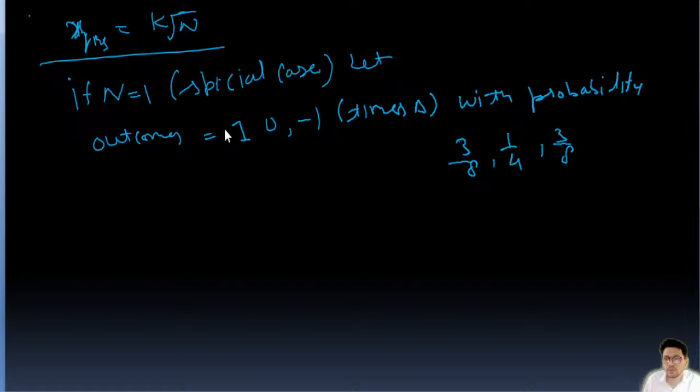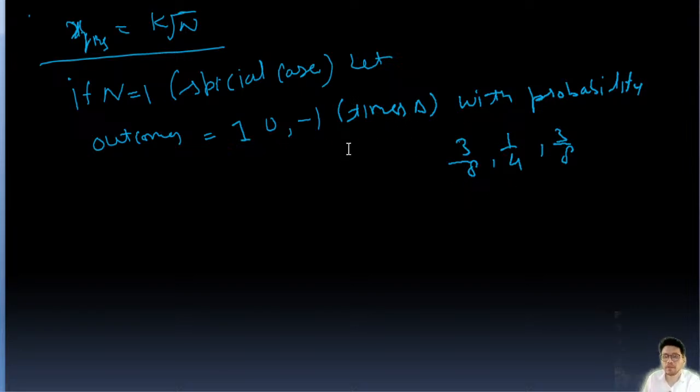So we have taken a special case, because RMS is in this form. For the first step, the walker will either remain at the same point, or go left or right, and delta is the length or width of each step. So this is going to be either delta, 0, or minus delta, with these probabilities.